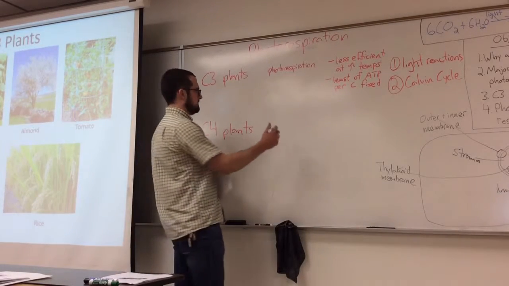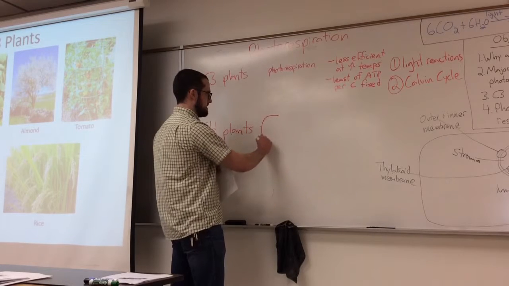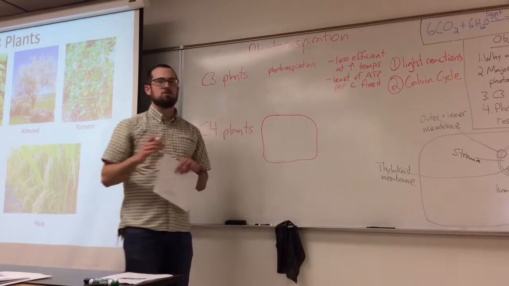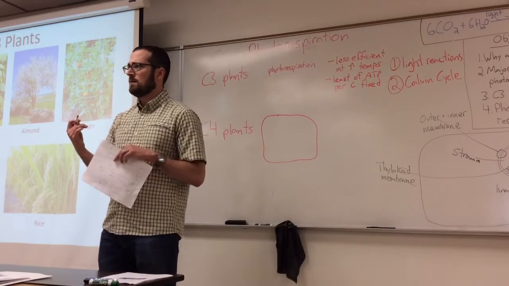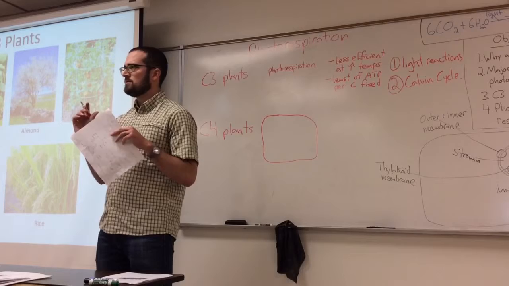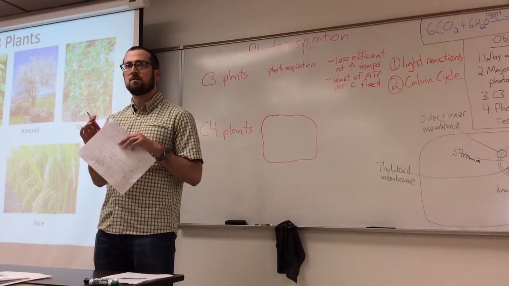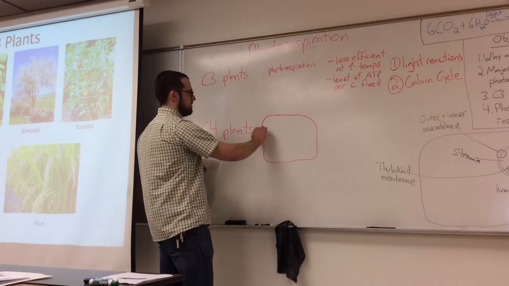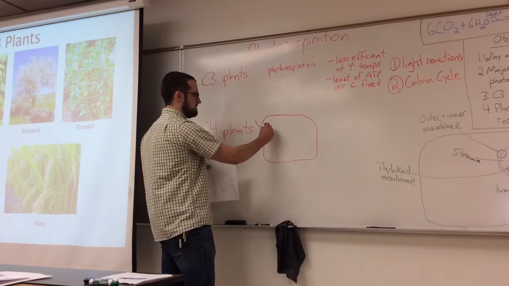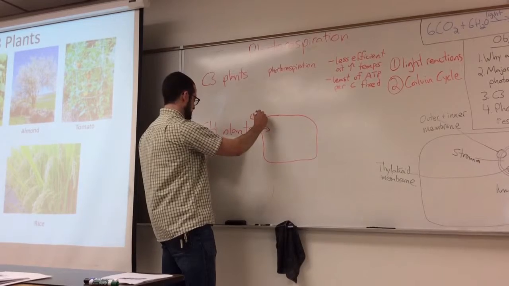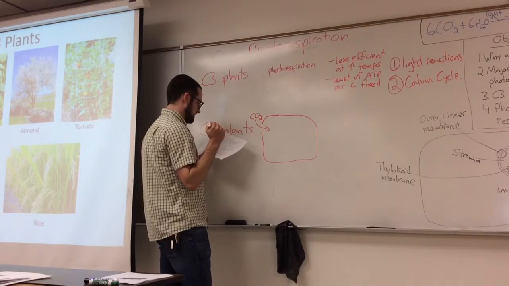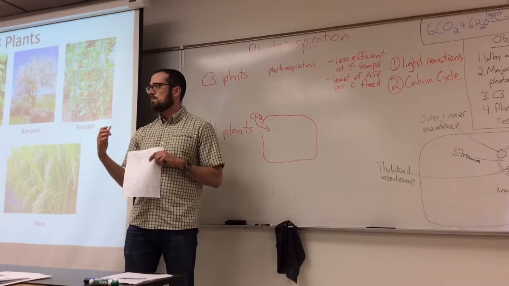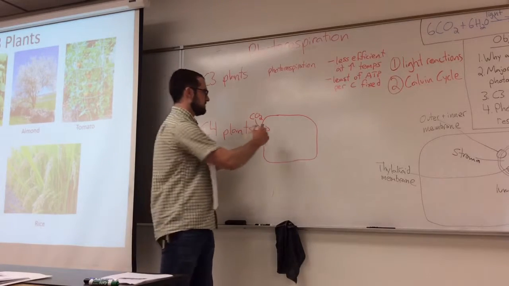And so what this looks like, so here this will be a normal cell in a plant leaf that's going to be exposed to the gases that are coming into the leaf. And so in this cell we'll have CO2 coming in. And then that CO2 is going to be fixed, not by rubisco, but by a different enzyme, which we'll call PEP.